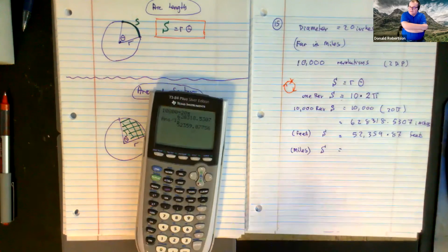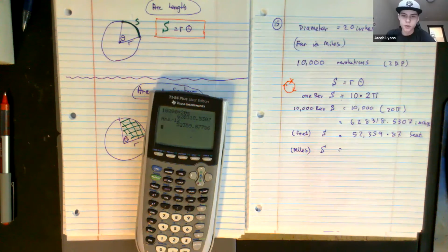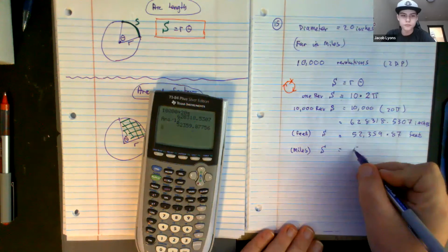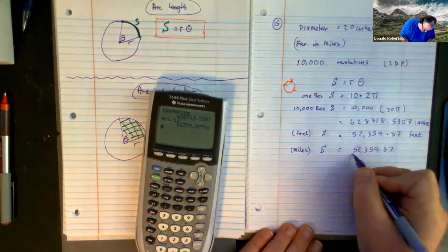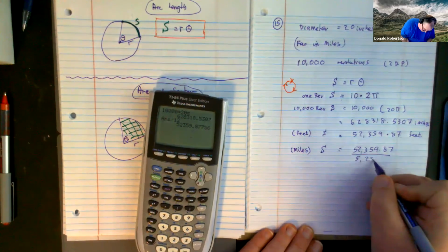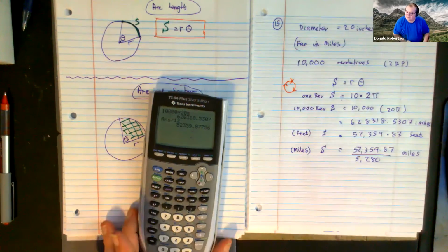Okay, Americans, because I'm used to metric, although I have done both. How many feet in a mile? 5,280 feet. So if I take this guy and I divide it by 5,280, won't that be the answer in miles and we're finished?